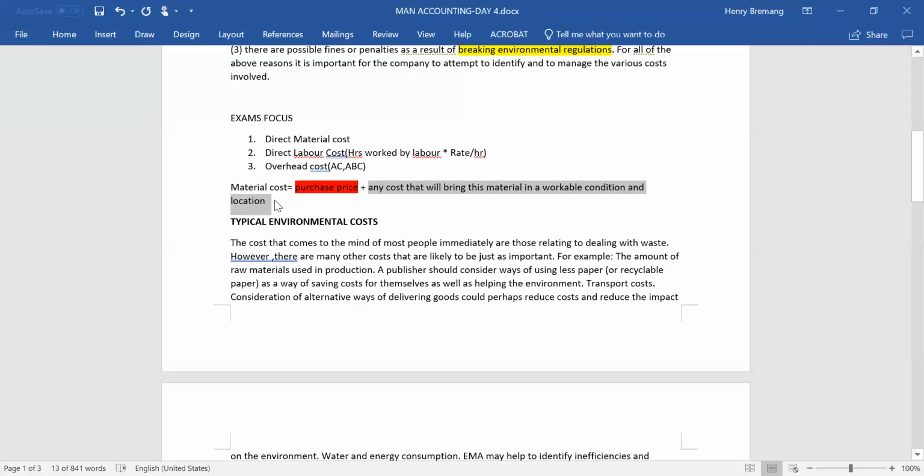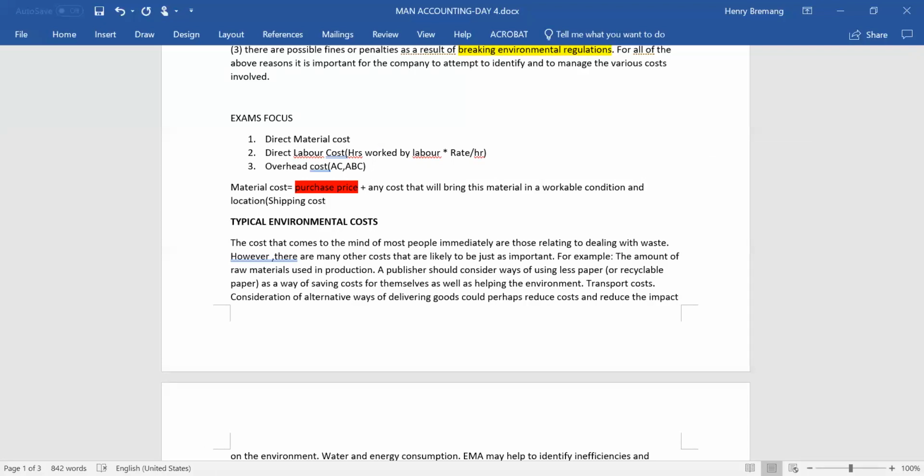Some costs can be issues like, let's say, shipping cost. And shipping cost is a relevant cost, because without shipping, you cannot get the product to your production site to convert it to an output. You cannot do that. So these costs are relevant costs and supposed to be factored into the cost of the product.